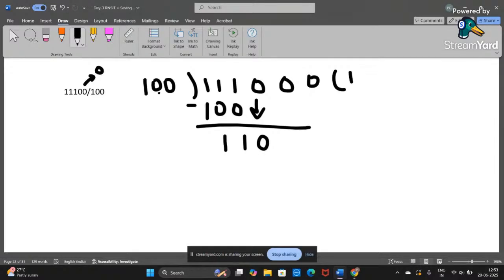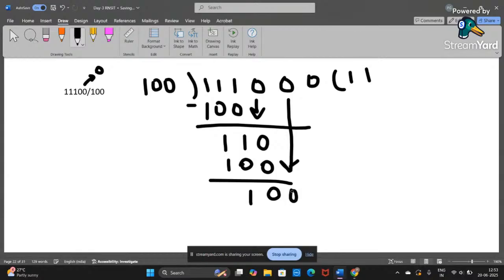So again 100 into 1, 0. It is 0, 1 0, it is 1. And 1 minus 1, it is 0, just leave it as it is. This is carried forward.